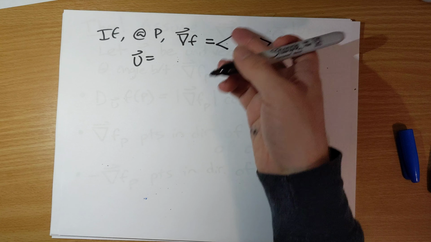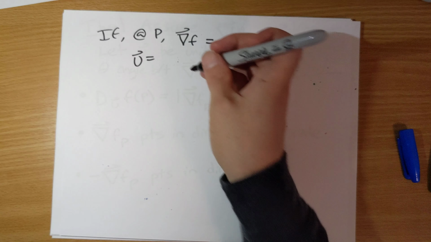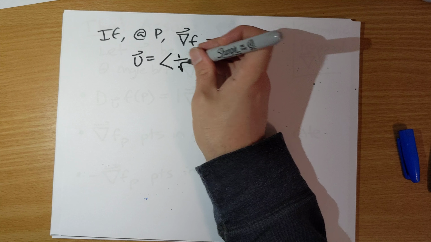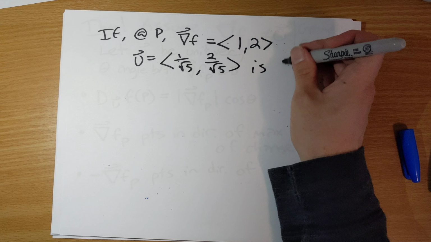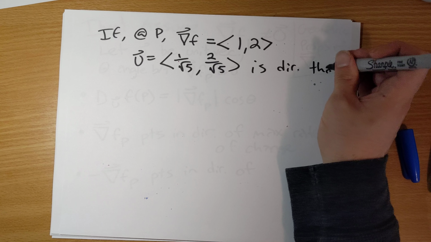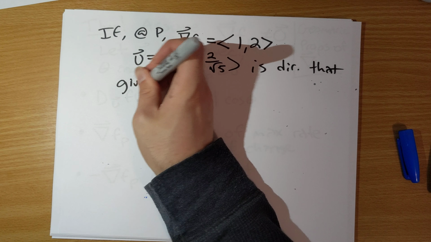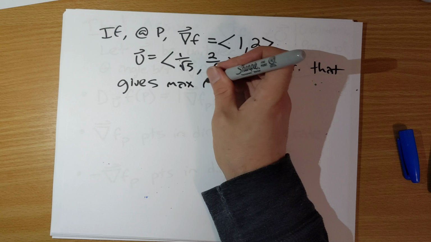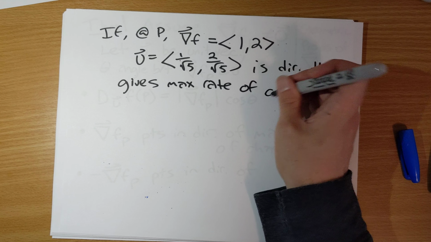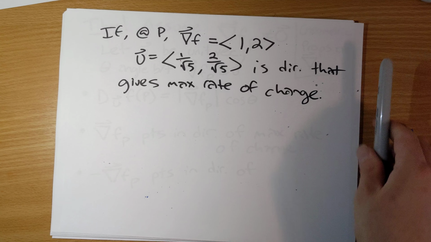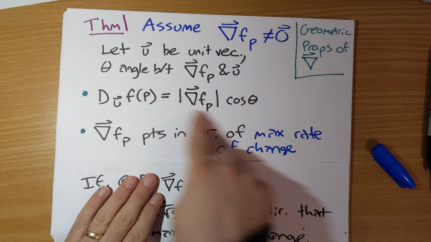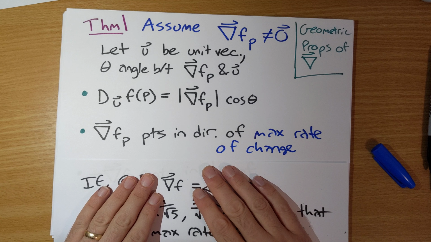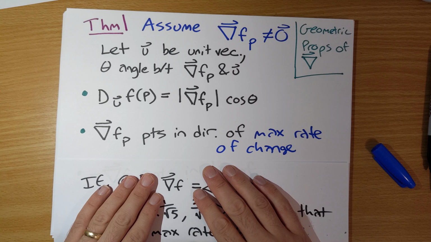The magnitude, the length of this vector, would be square root 5, so U would be 1 over square root 5, 2 over square root 5. That is the direction that gives the maximum rate of change. So that is this second point here. That's what's going on with this geometric property.